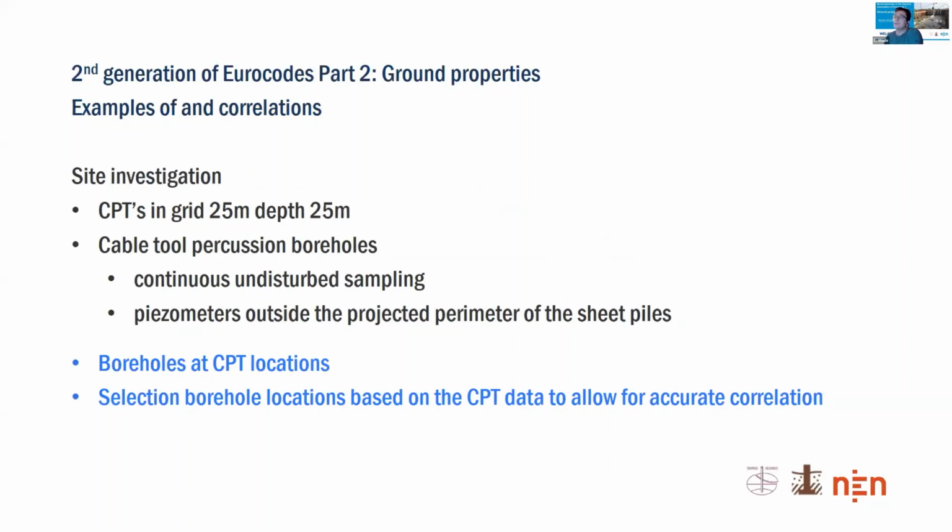Based on the desk study, the site investigation proposed was to carry out CPTs in a grid of 25 by 25 meters, to use cable tool percussion boreholes with continuous sampling, and to place a number of piezometers outside the projected perimeter of the sheet piles. For us, it's standard to locate the boreholes at CPT locations, and then we select the borehole locations based on the CPT data, also to allow for an accurate correlation.